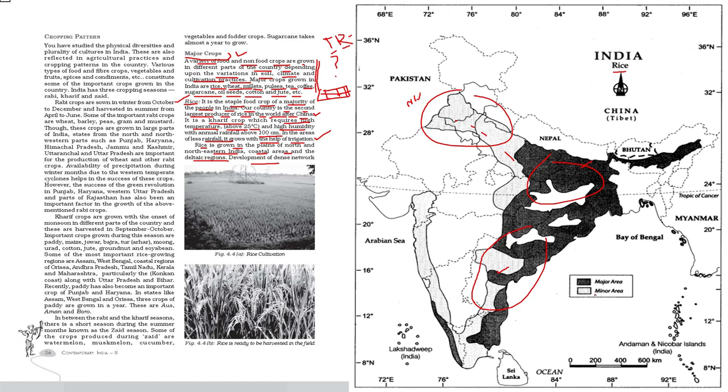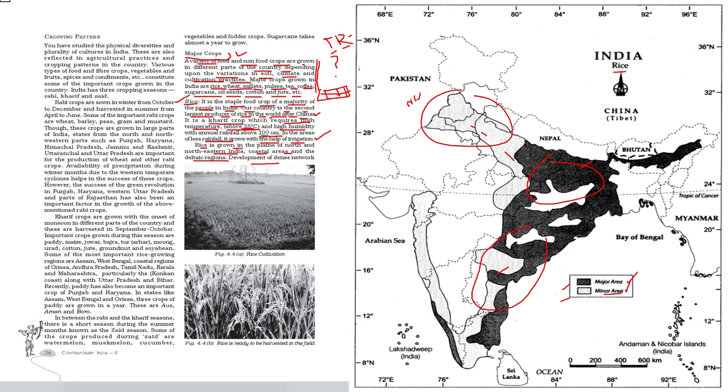So you can underline a few important points from the paragraph. Number 1, it is a kharif crop. It requires temperature of above 25 degrees Celsius.